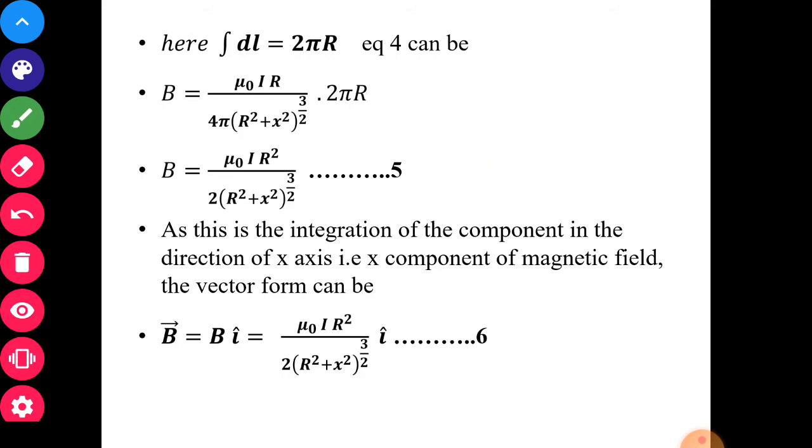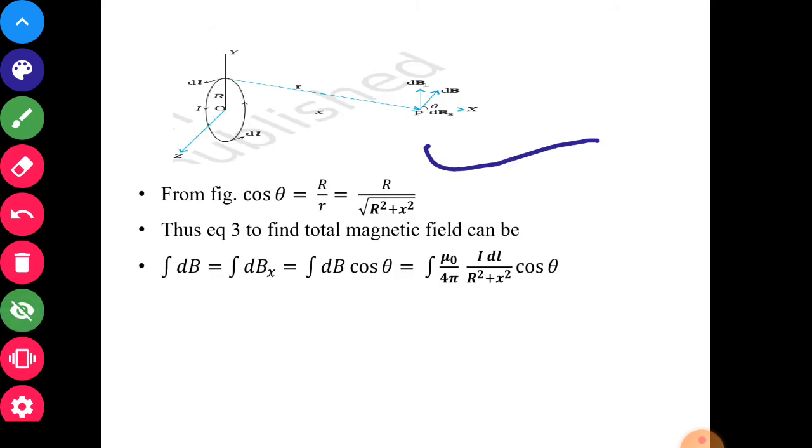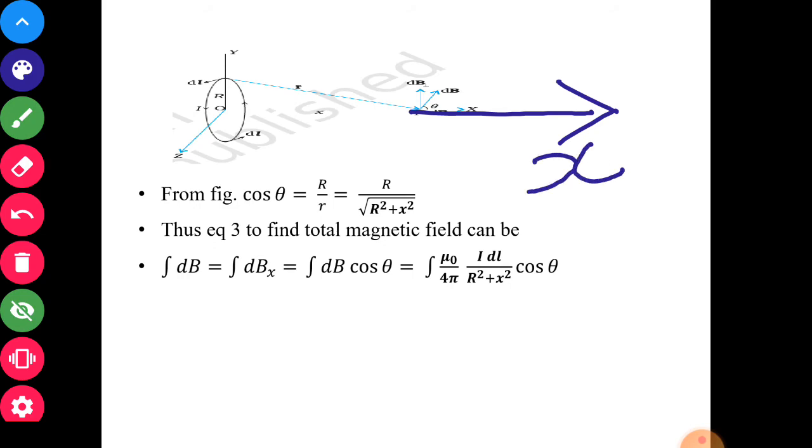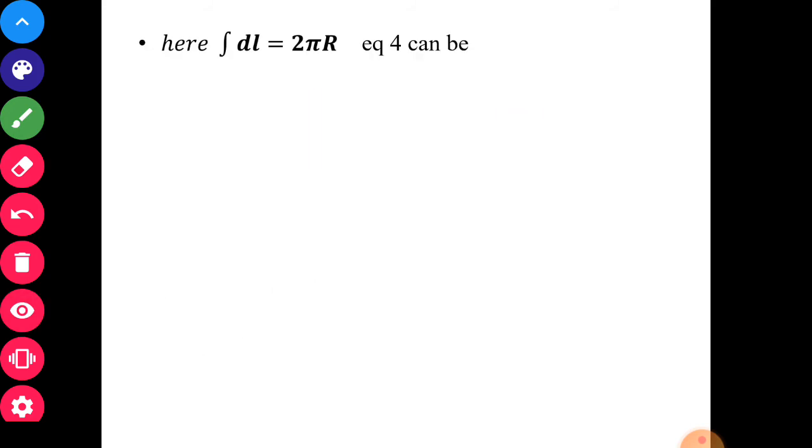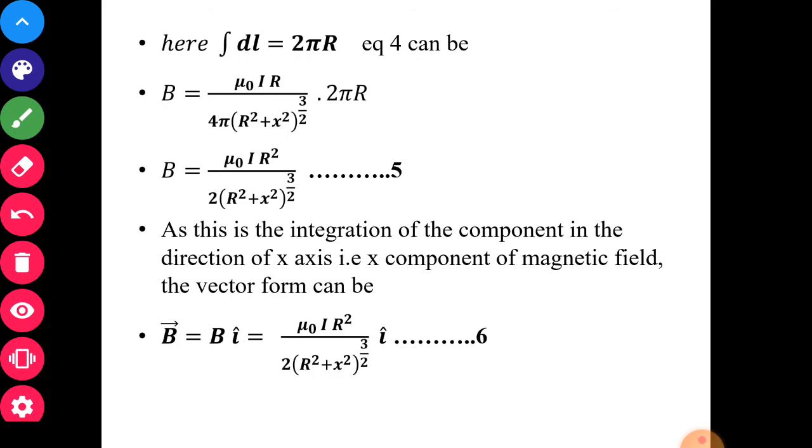The magnitude which we have found is fine, but the direction will be along the x axis, and that is why it was multiplied by i cap. So the final equation will have i cap: mu 0 I r square upon 2 into r square plus x square raised to 3 by 2 into i cap.